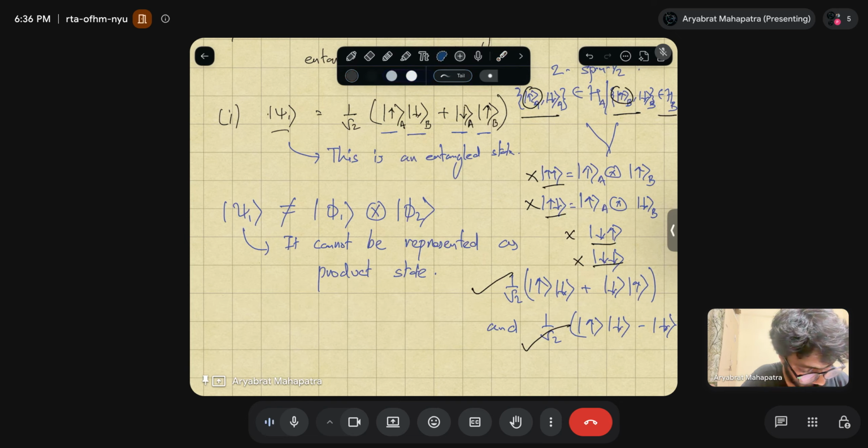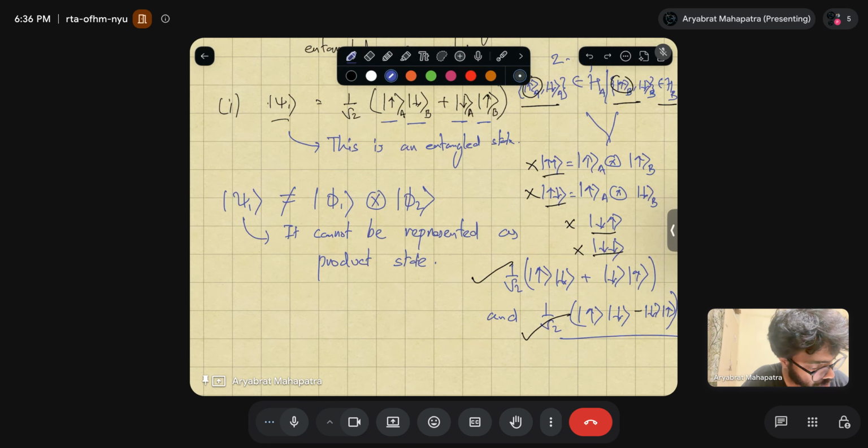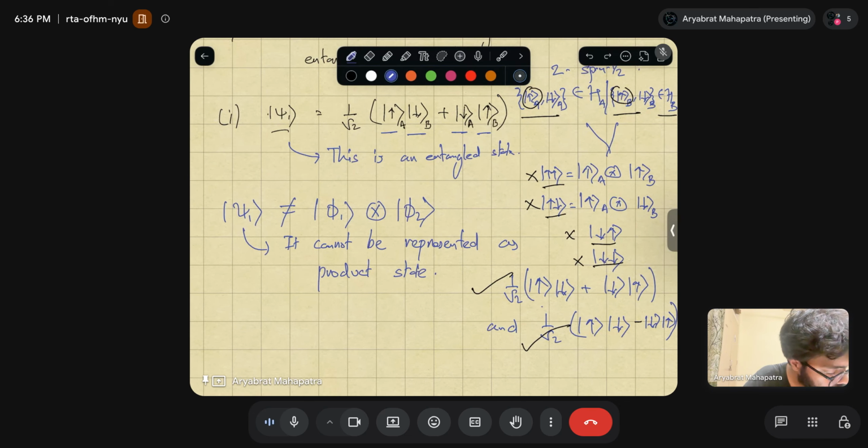So this is minus, down and up state. So I get these two linear combination states. I'm saying that these two linear combination states are entangled states, but not the product states.